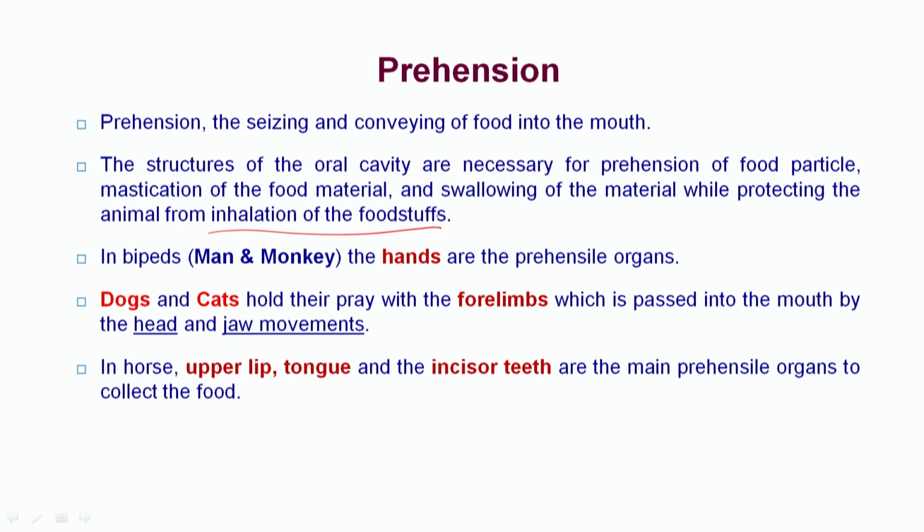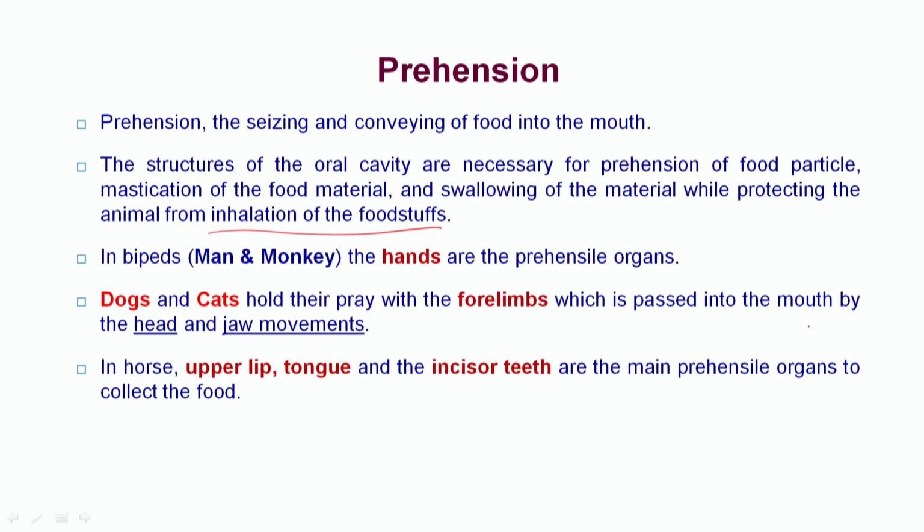If you consider a dog and cat, they hold their prey with the forelimb and pass it into the mouth by head and jaw movement. So what will dog and cat do? They will take the help of the forelimb to bring the food particles near the mouth, and they will have head movement as well to take the food inside.